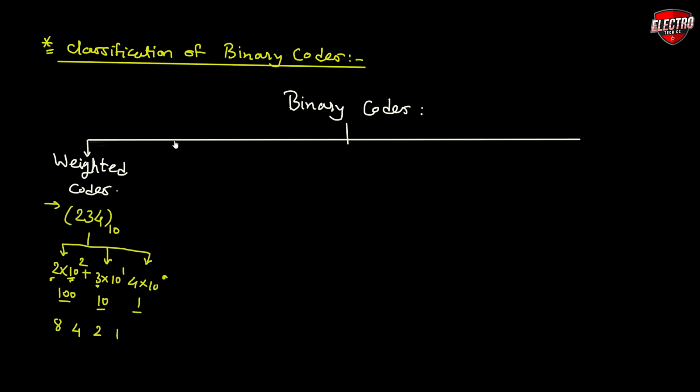The second one is non-weighted code. In non-weighted codes, the codes are not assigned any weight for each digit position. That is, each digit position within the number is not assigned a fixed value.